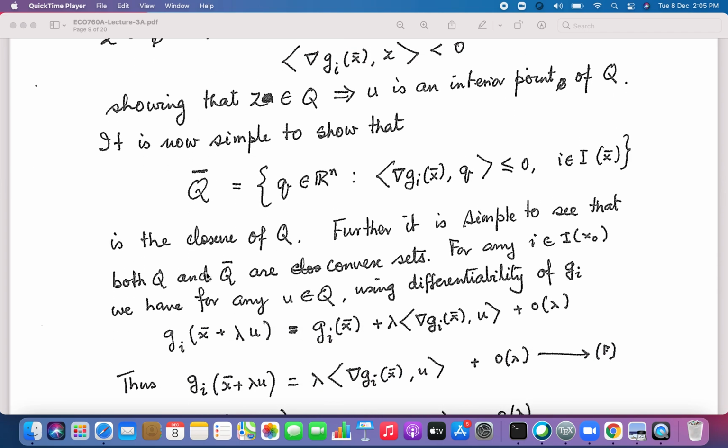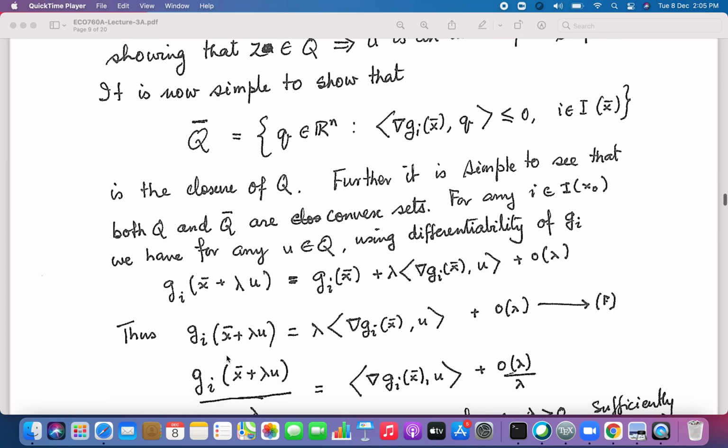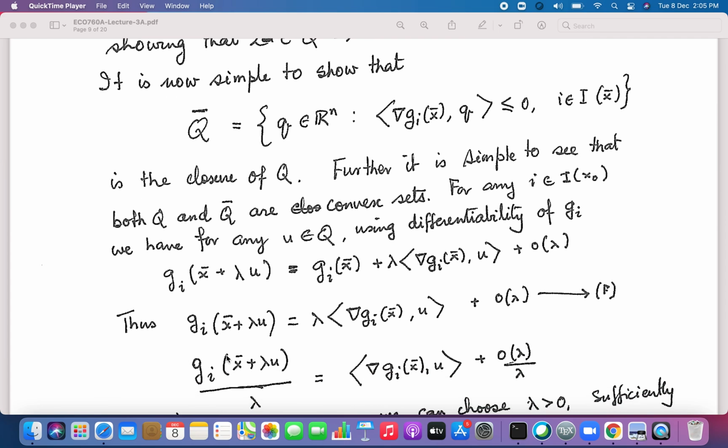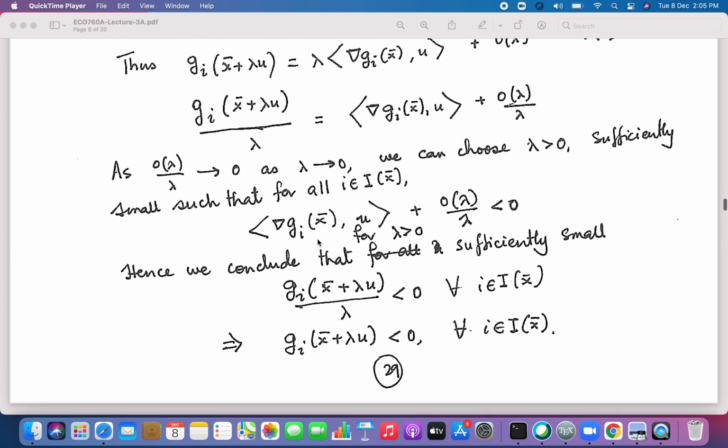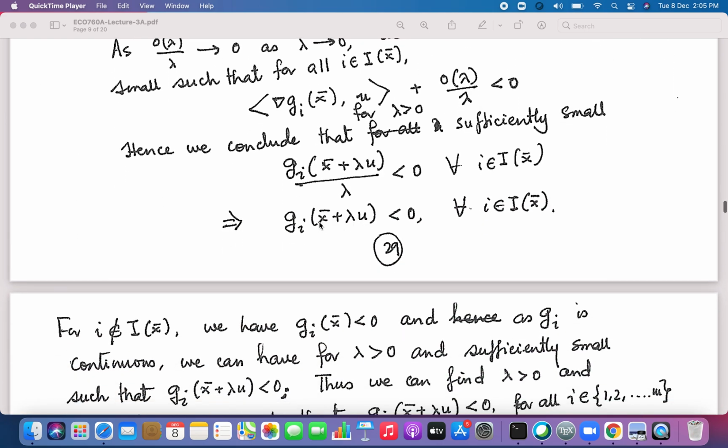What you now show is that you take any x bar, the reference point at which you are computing this normal cone, and then for any lambda strictly greater than 0 and very small, you can actually take a u inside Q and show that g_i of x bar plus lambda u is strictly greater than 0 for all i an element of I of x bar.